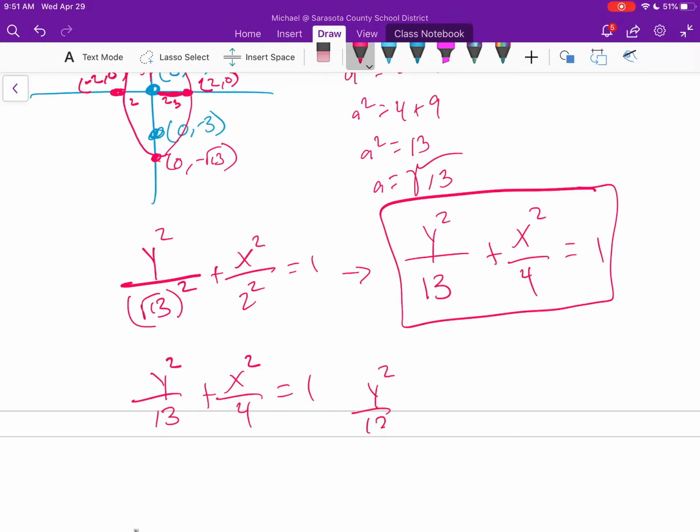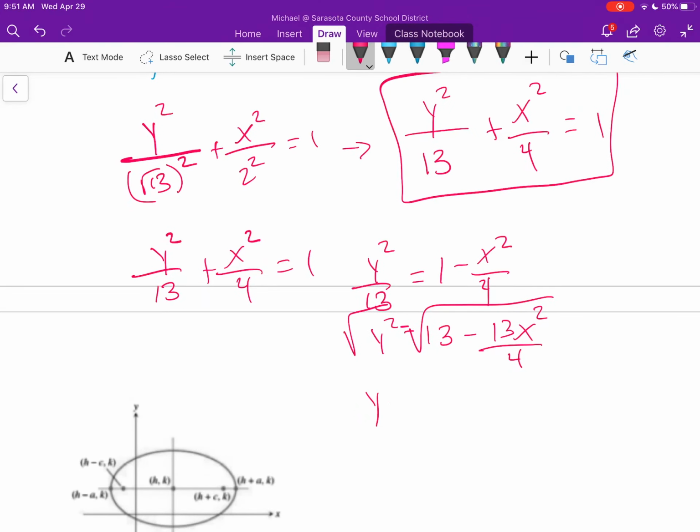I'm going to subtract x squared over 4 over, then multiply by 13, and then square root both sides. Ultimately we end up getting two separate square root equations.